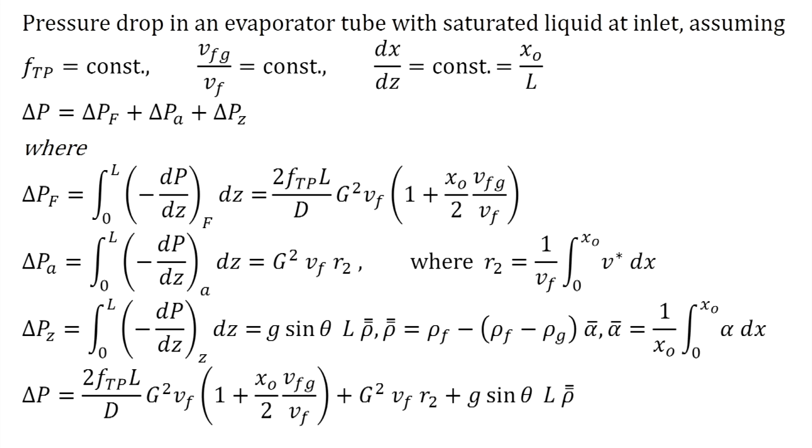So, the total pressure drop delta P is equal to 2 ftp L by d g square Vf (1 plus xo by 2 Vfg by Vf) plus g square Vf R2 plus g sin theta L rho double bar. So, now to calculate this pressure drop, we have to find R2. For that, we will have to find alpha, and we have to find rho double bar. For that also we have to find alpha.